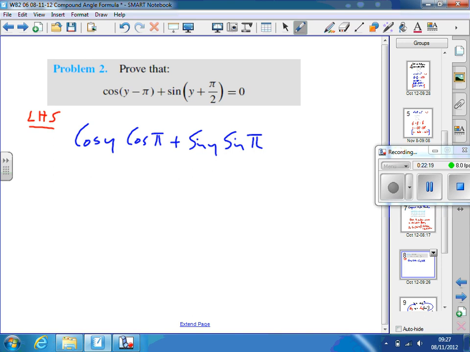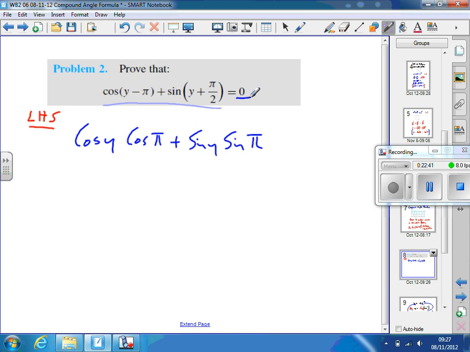So it's not like we're trying to play around with this equation by adding and subtracting something to either side of the equation. So you wouldn't, for example, take sine of y plus pi over 2 over the other side or anything like that. You just play around with one side, generally the left-hand side, until it equals the right-hand side, and then you've proved it.